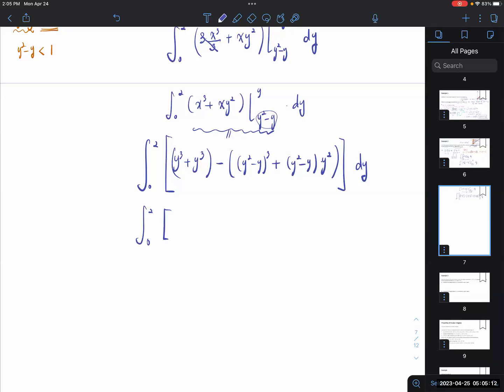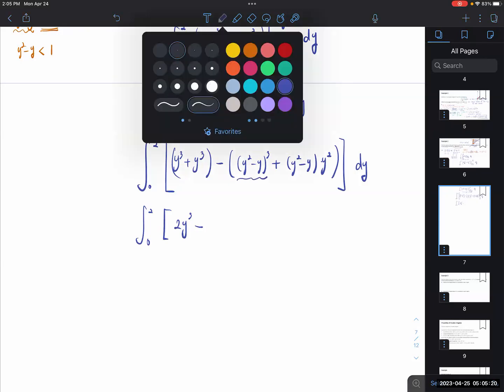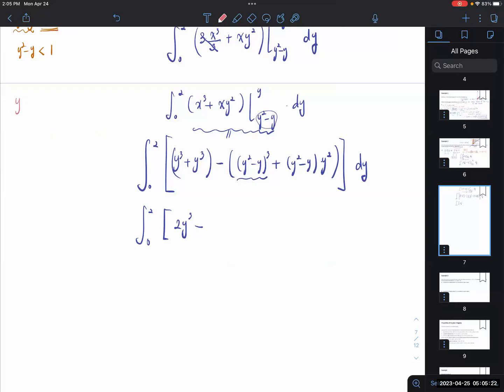0 to 2, 2y cubed. Well, we need to simplify this one. So if you think about y squared, this is a third power. Actually, we need to multiply this 3 times. Sorry. So that's what I'm going to do.